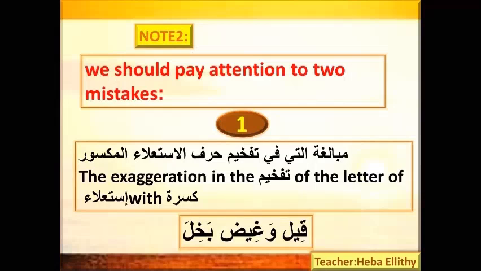Like the word قيل, some people read it قيل. وغيض, some people read it وغيض. بخيل, بخيل. This is the right reading for it. So we don't need to make it very heavy. It's in the lowest level of the tafkheem.